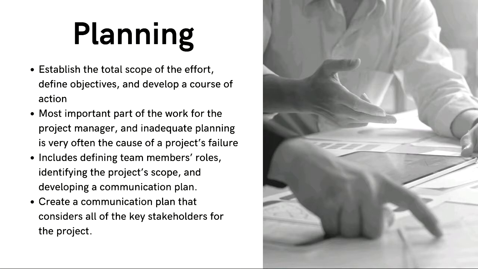They're going to define the objectives and develop a course of action. The most important part for the project manager is planning, because inadequate planning is very often the cause of a project's failure.